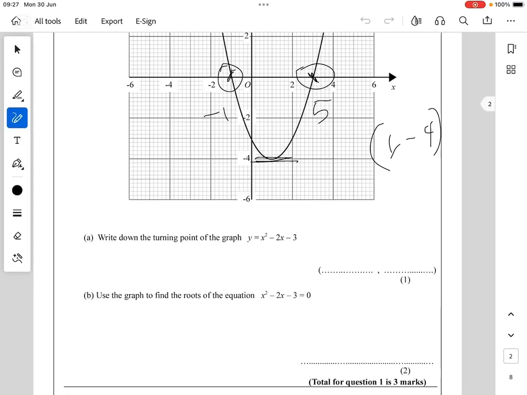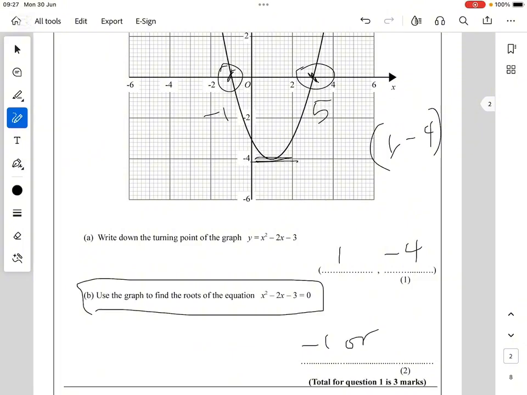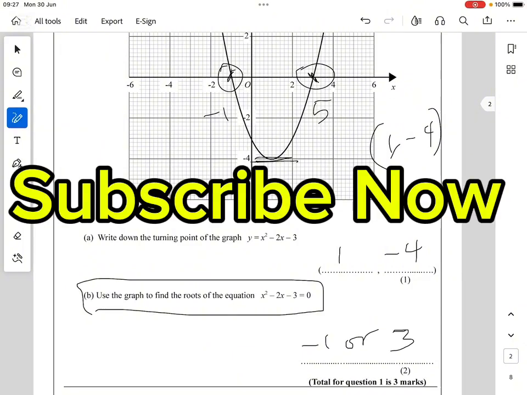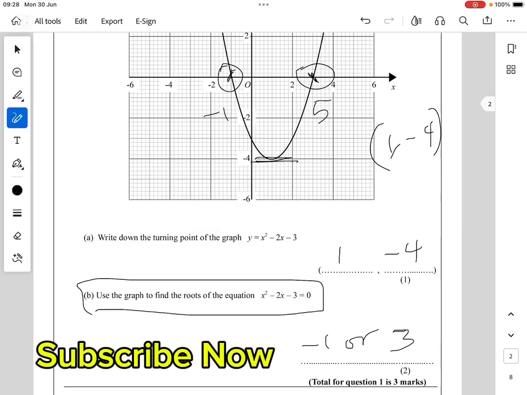We said it is 1 and minus 4. Root of equation is minus 1 or 3. It's not 5, minus 1 or 3. Yeah, so this is 3, not 5. Just saying that.